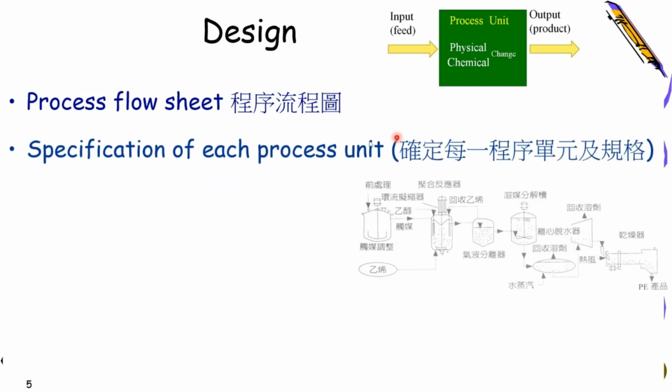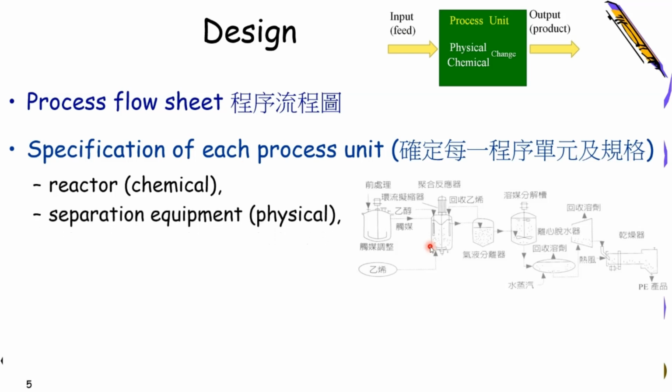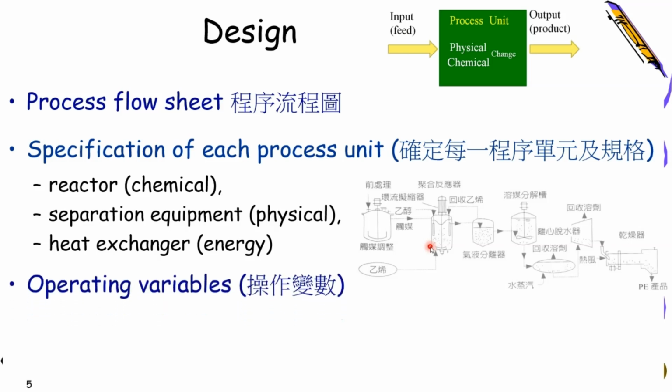And then you need to make sure of the specification of each process unit. For each unit, you need to think of what this is and what its size is. For example, this is a reactor, or a separation equipment, chemical or physical, or a heat exchanger, which is in terms of energy, not related to mass.